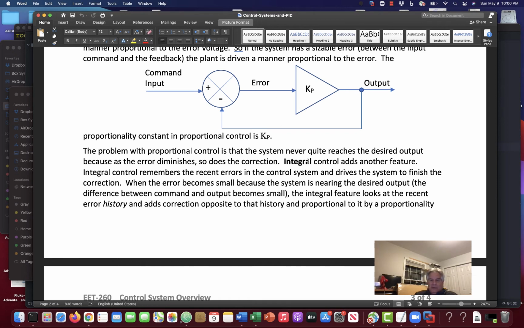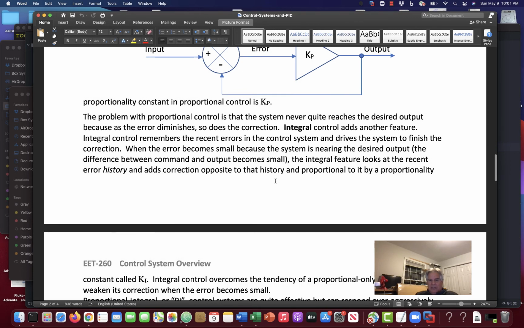The integral system remembers, it adds up, it integrates recent error, so that if the system had been closing in on a target value, and the proportional drive to get it to finish was petering out, well, the integral could say, hey, I know you've still got some distance to cover, and as a factor, I will add some oomph into the system, and we'll finish out.